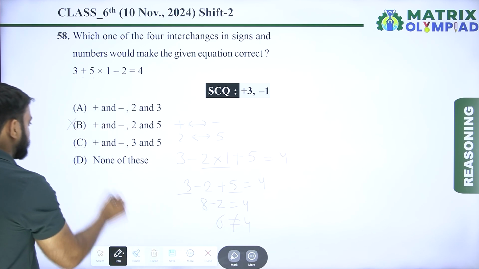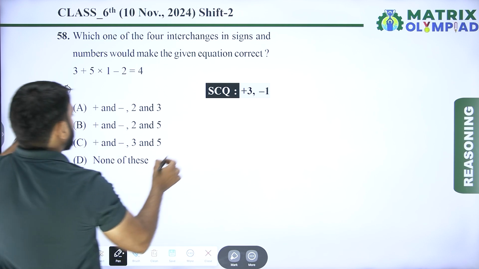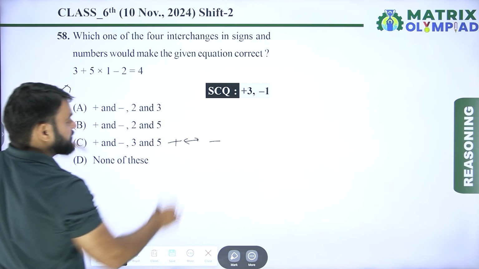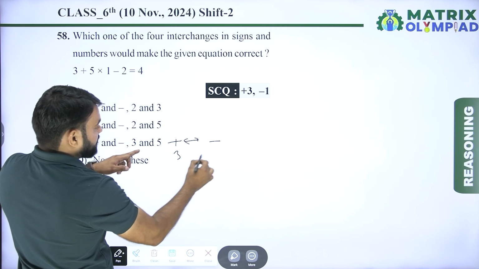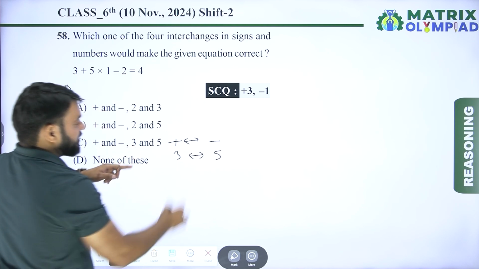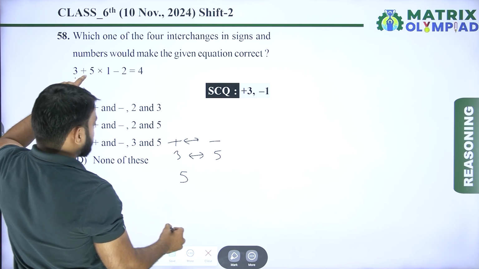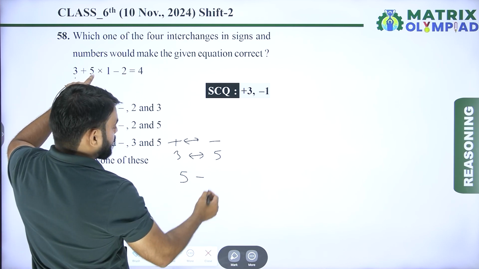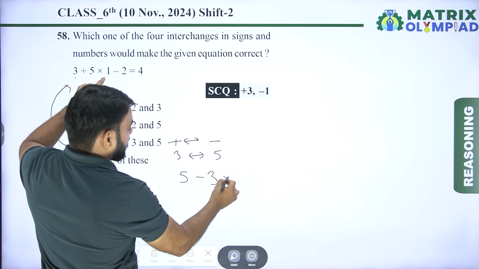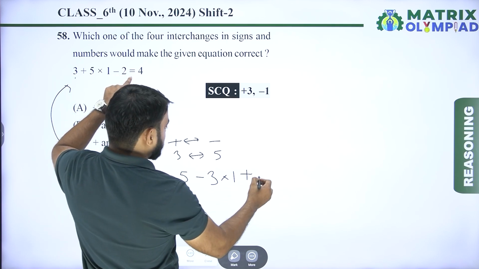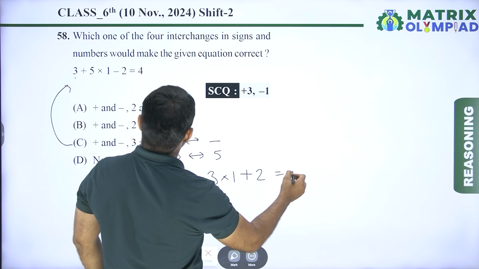Now taking option C. According to option C, plus becomes minus and minus becomes plus, and 3 becomes 5 and 5 becomes 3. So the equation is 5 minus 3 multiply 1 plus 2 is equal to 4.